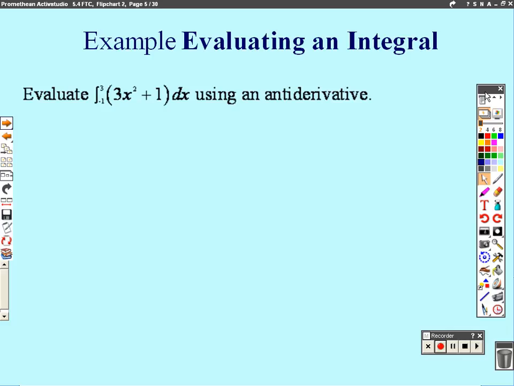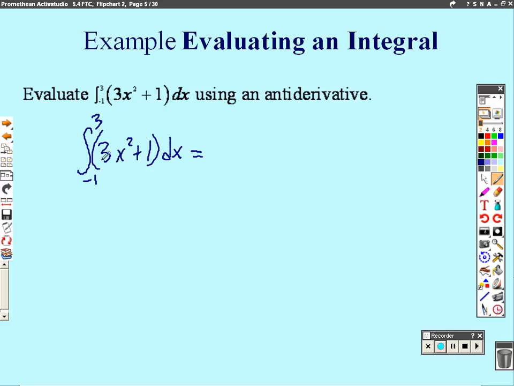But evaluate this integral from -1 to 3 of this function using an antiderivative. So basically, I'm going to pretend the bounds aren't there for a second. I'm just going to ignore them. I'm going to write them. So I'm going to integrate this function just like I normally would, like we just did for all those problems. It's just a power rule.